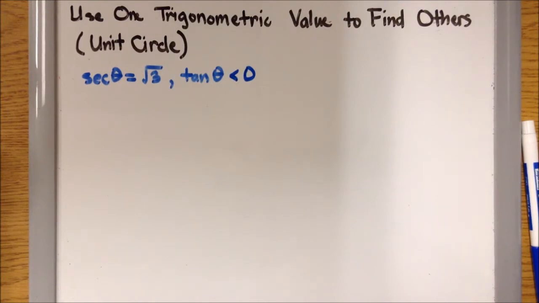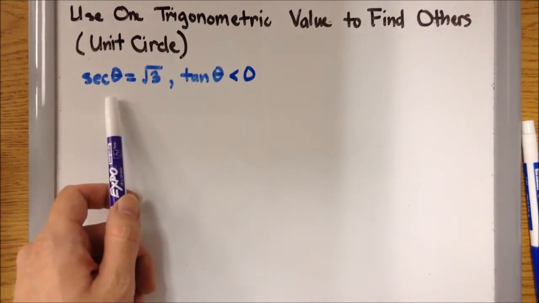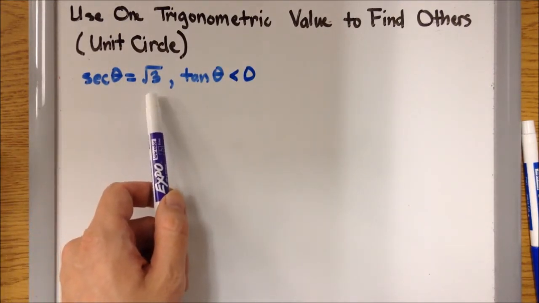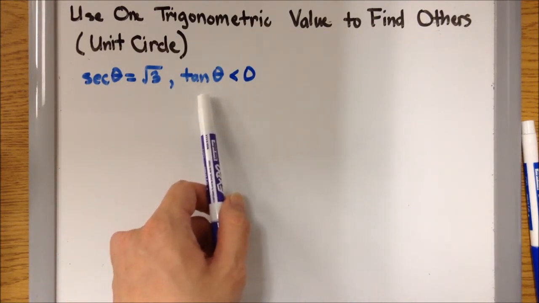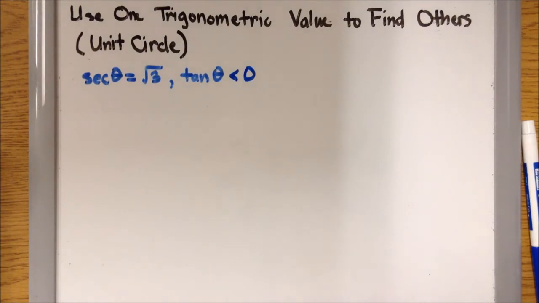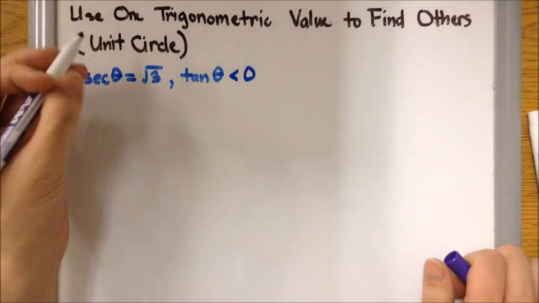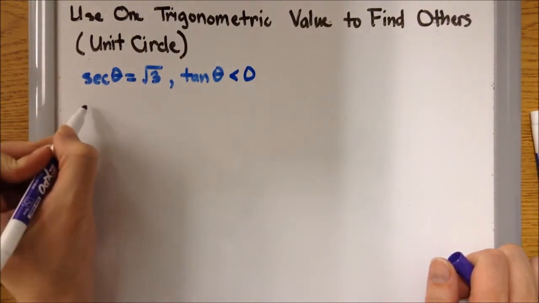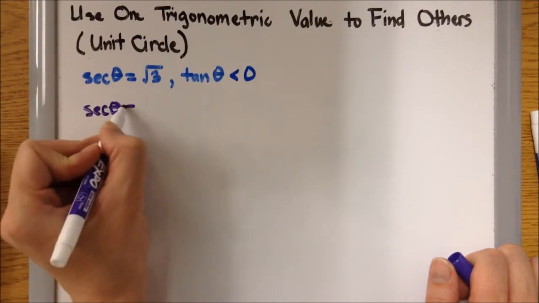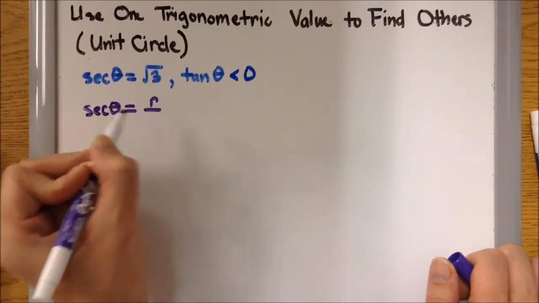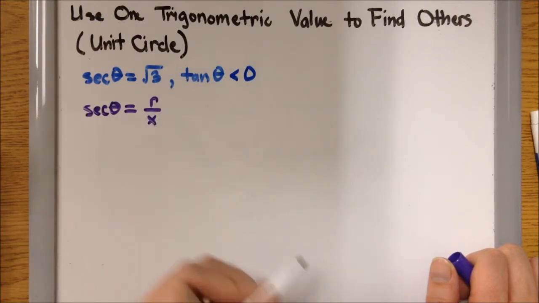In our second example, we're now given secant theta equals square root of 3, while tangent theta is less than 0, meaning that tangent theta is negative. Alright, so let's review back to the secant theta definition on this unit circle. Secant theta is r over x.